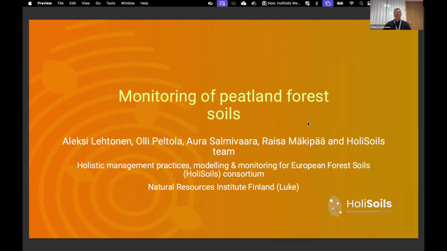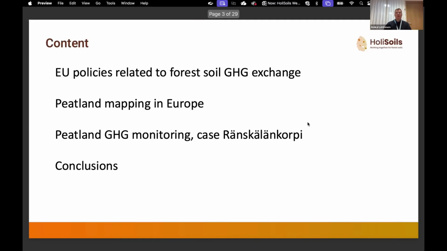HoliSoils stands for Holistic Management Practices, Modeling and Monitoring for European Forest Soils. Peatlands have been studied here in Finland, but also in Germany within HoliSoils.